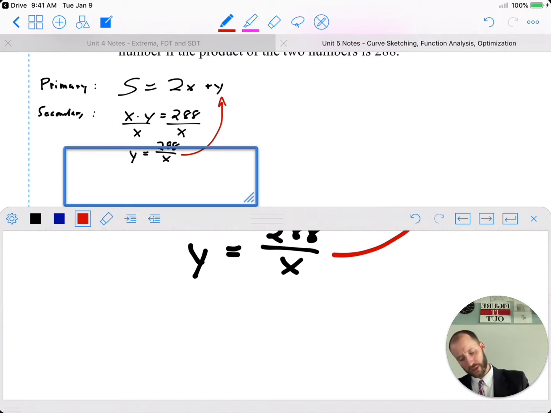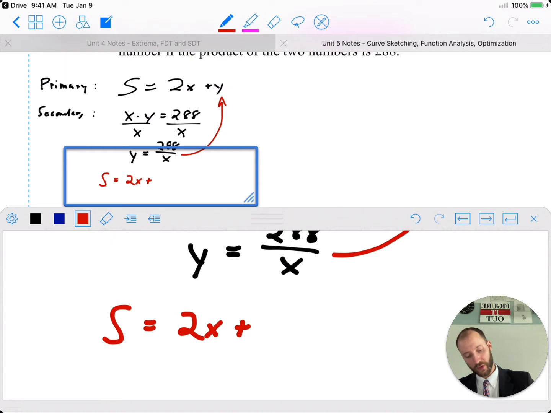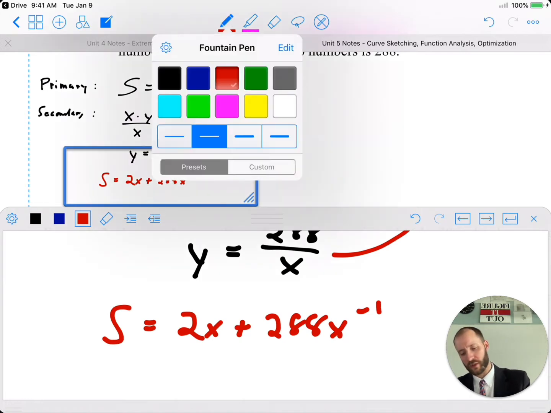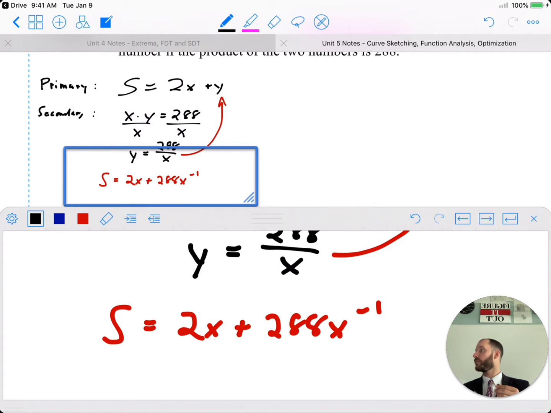But our sum is 2x plus, and we're going to take the derivative, so I'll say 288x to the negative first, just with that little rewrite of that equation.